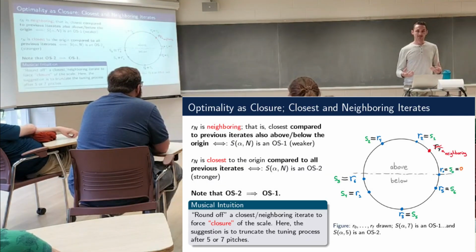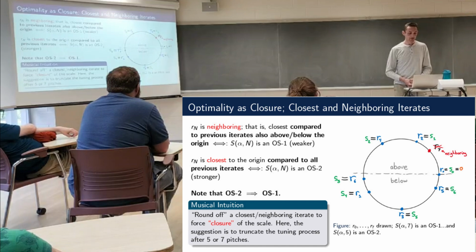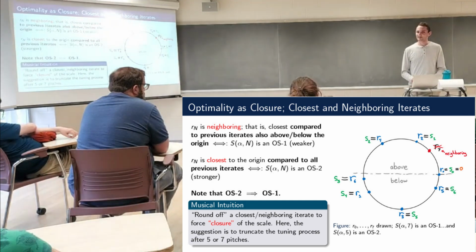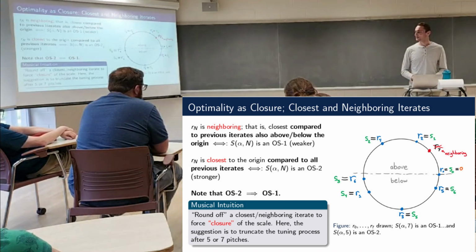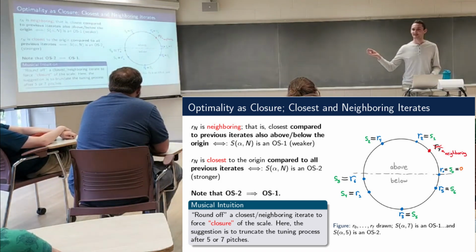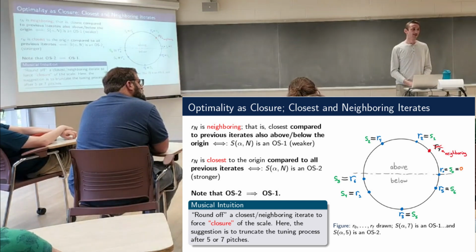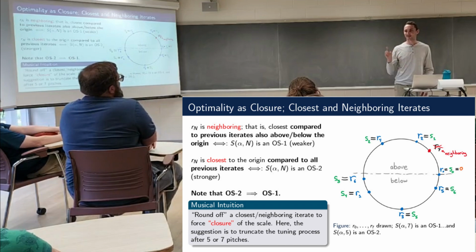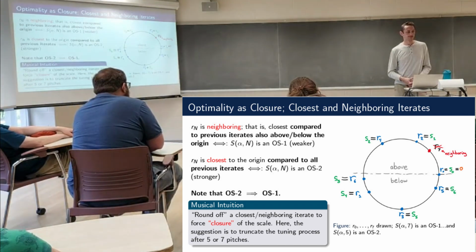If we want to think about when these singly generated scales are optimal, one way we can think about it is this. We start at 0, we generate all of our pitches, and if at some point we hit a pitch that is pretty close to the origin, pretty close to 0, we can just round off that pitch to the origin and consider the scale of all the previous iterates to be optimal.